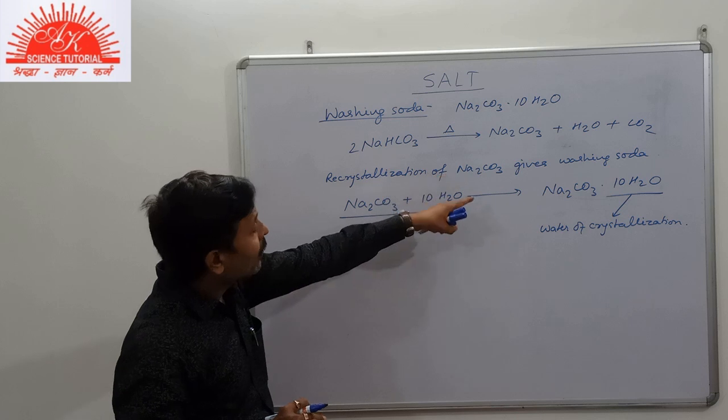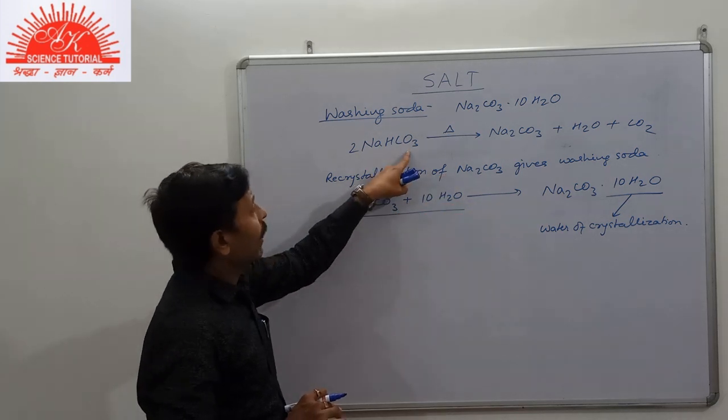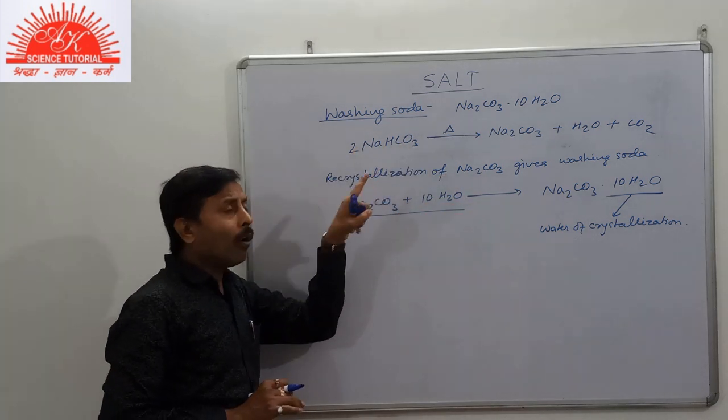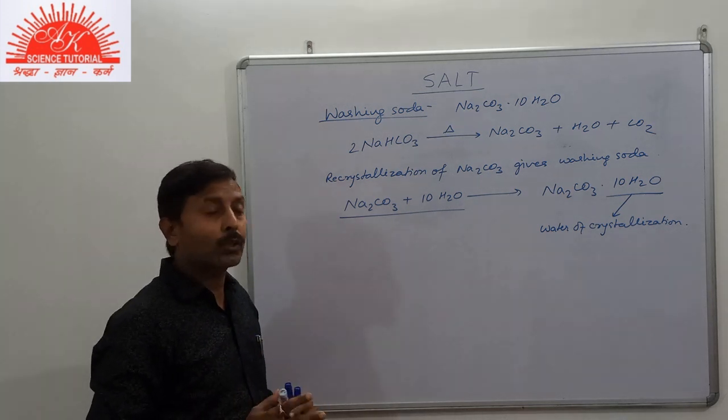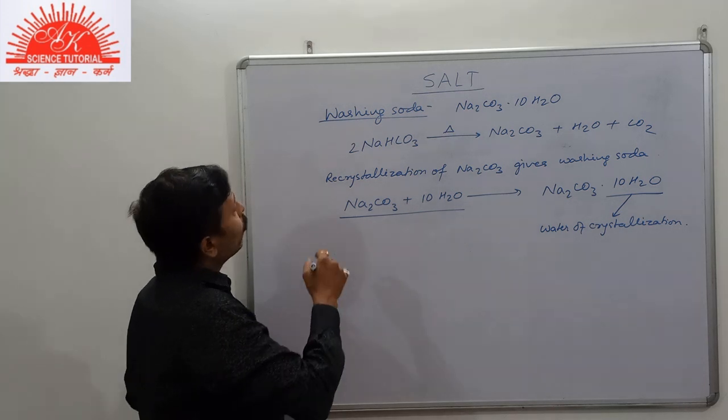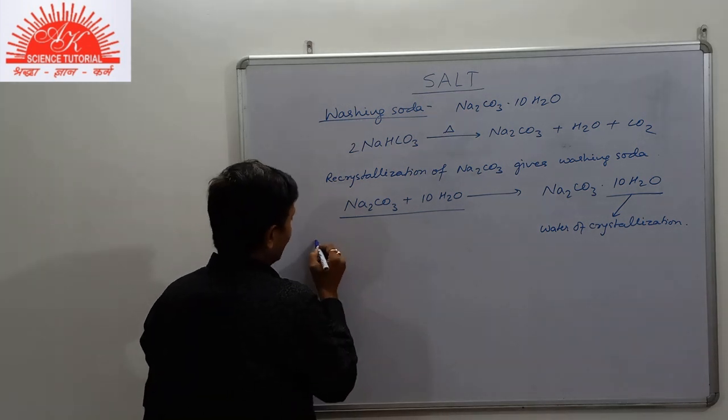Now, so we have obtained washing soda and baking soda, and all of them were obtained from normal common salt, that is sodium chloride. Now, what are the different uses of washing soda?